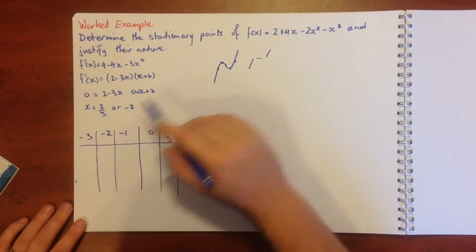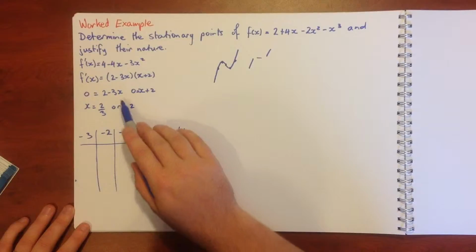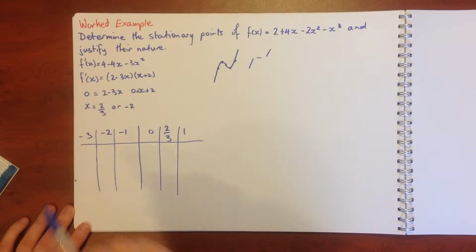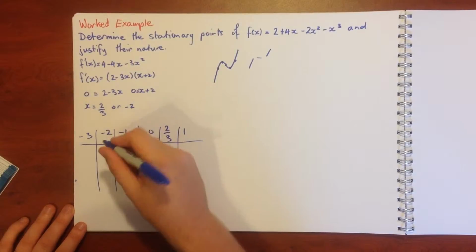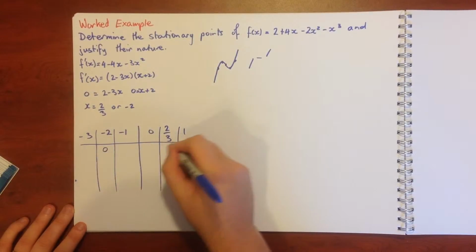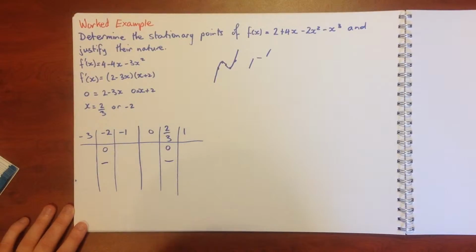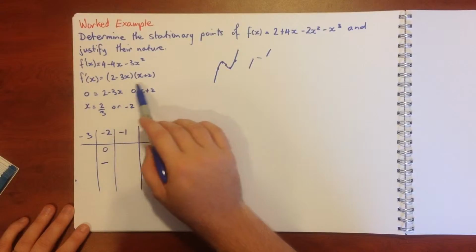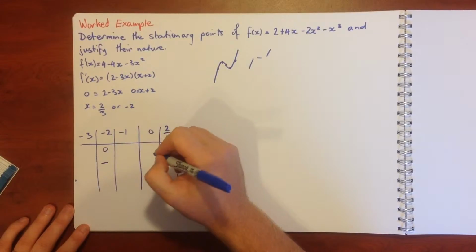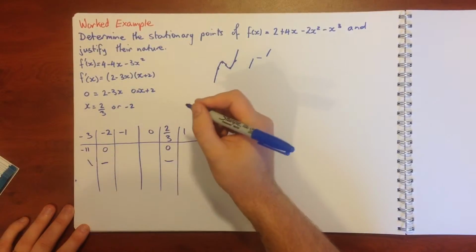If we've got a point of inflection, we'd only actually have one x value where the derivative is equal to 0. So we know anyway that at minus 2 it's going to be 0, and at 2 on 3 it's going to be 0. If we put minus 3 into our derivative, we get minus 11, so negative.